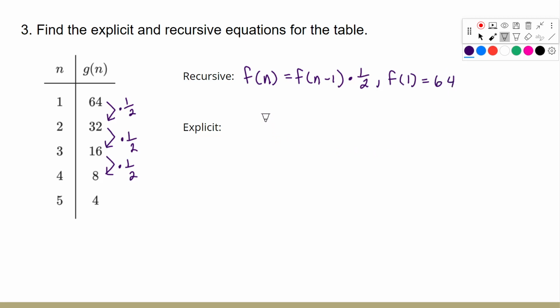So now the explicit equation, f(n) equals, the starting value is 64, times, we are multiplying by 1/2 to the power of, so I'm going to use my parentheses a little bit differently here. I'm going to put the 1/2 in parentheses, and its exponent is going to be n - 1, because our sequence starts at n is 1.